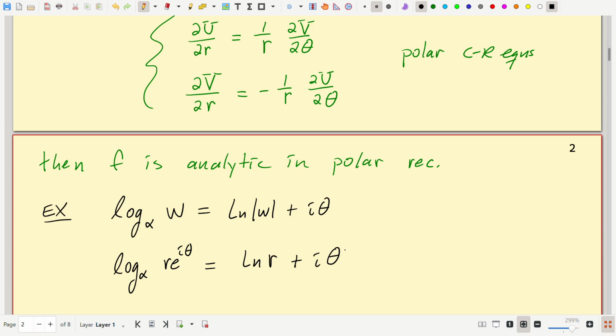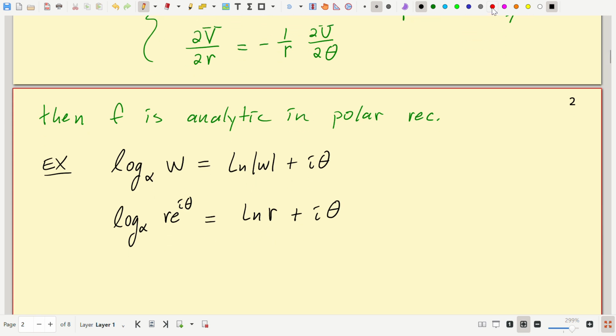So this is the capital U and this is the capital V. And in the polar rectangle, we'd have here r bigger than 0 and theta between alpha and alpha plus 2 pi. That's the polar rectangle we're talking about.